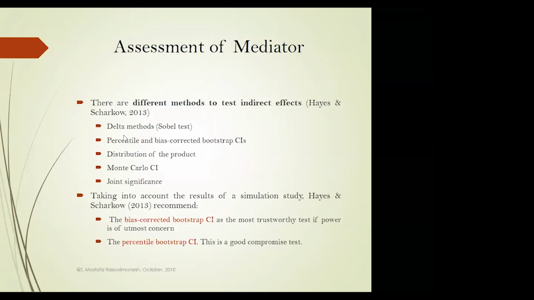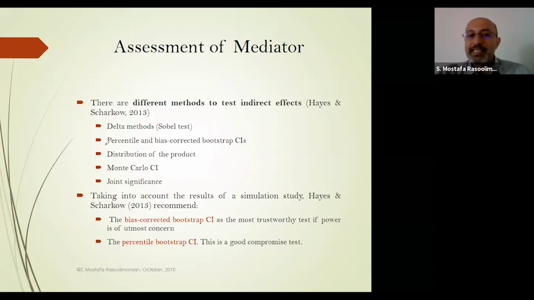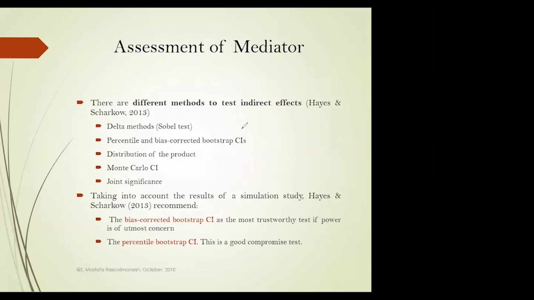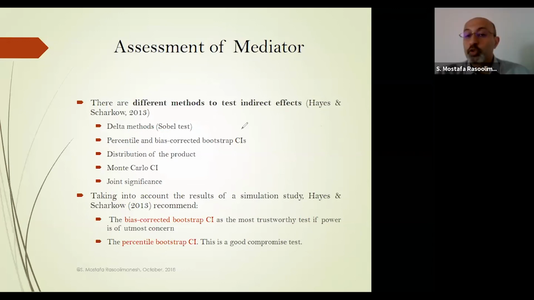So what we should do, this is the best test for assessment of a mediator. For assessment of a mediator, you have to apply the third group. You need to assess the significance of the indirect effect or product of coefficient using the percentile or bias corrected bootstrap confidence interval.